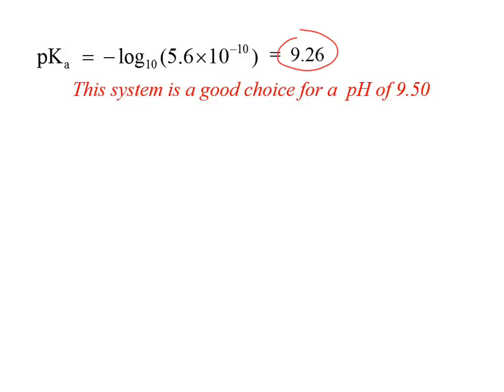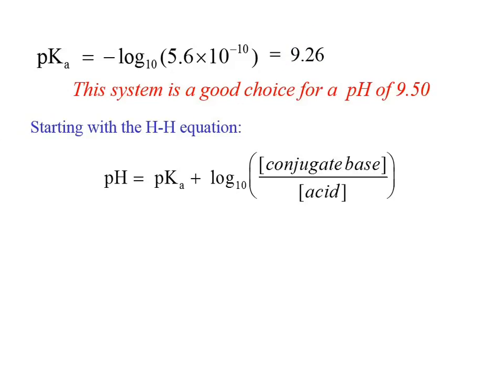So remember that in order to see if the conjugate acid-base pair that you've picked to be a buffered solution is good for the target pH, you look at the pKa. And so the pKa 9.26, not bad for a target buffered solution of 9.50. All right, so there's your HH equation.